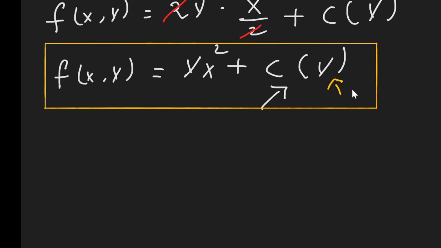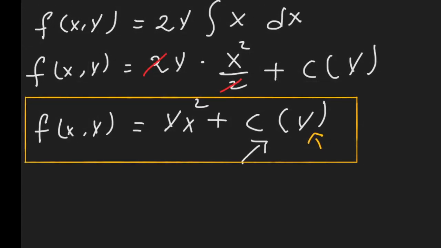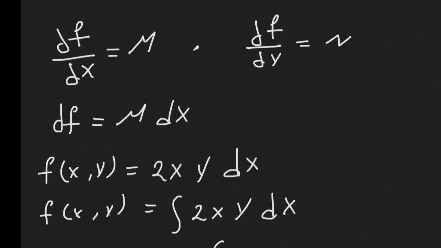Now how do we do that? We started at first with this one, right? So now we're going to use the second expression, which is df over dy equals n.